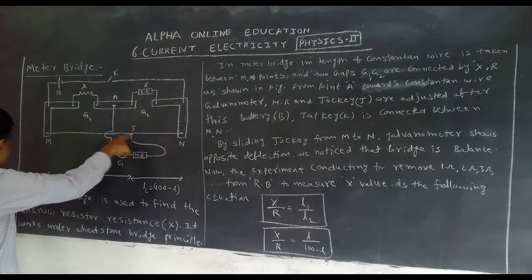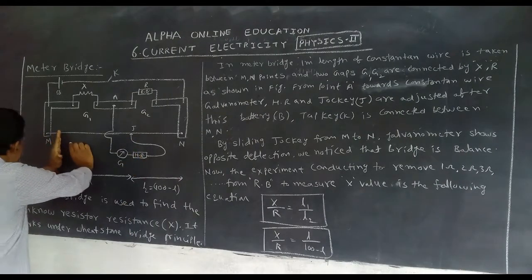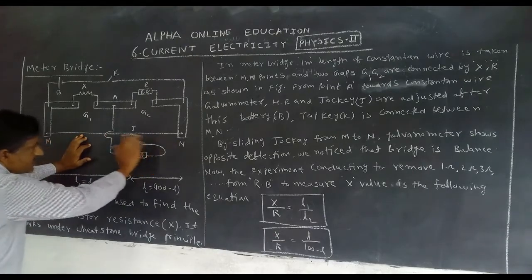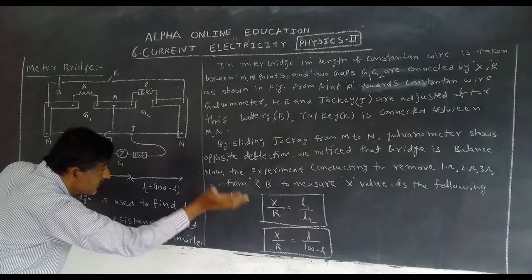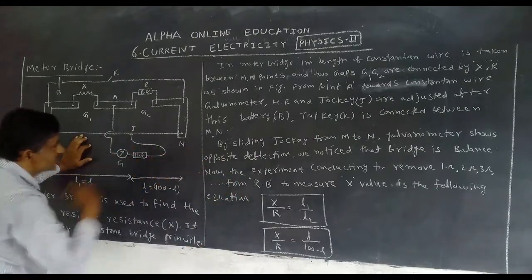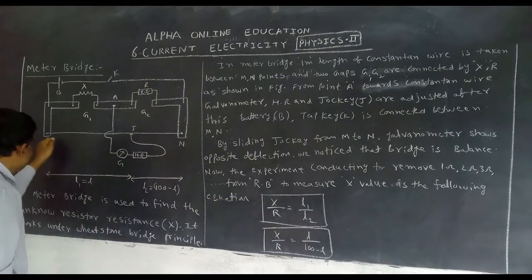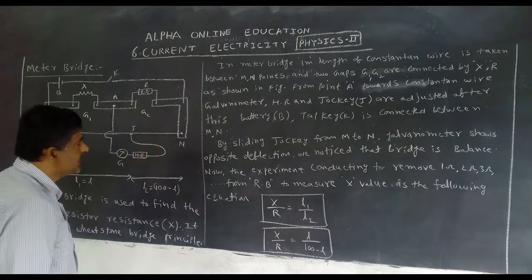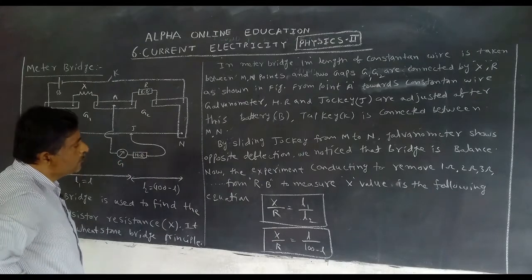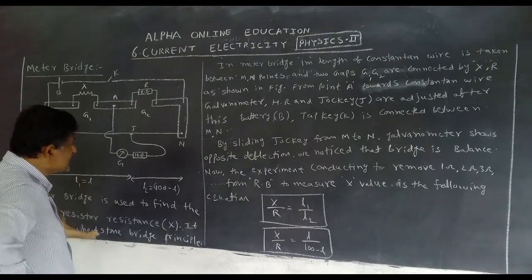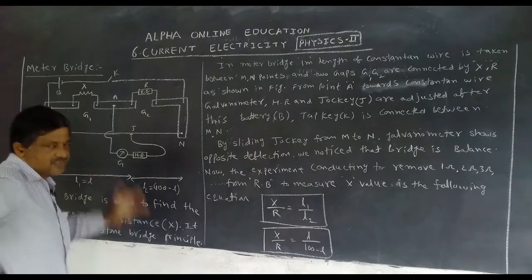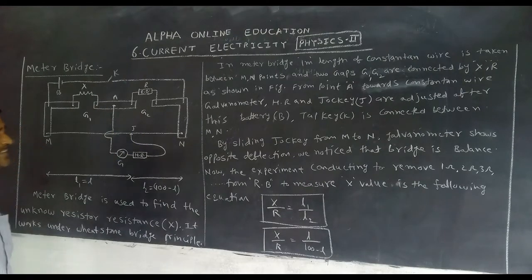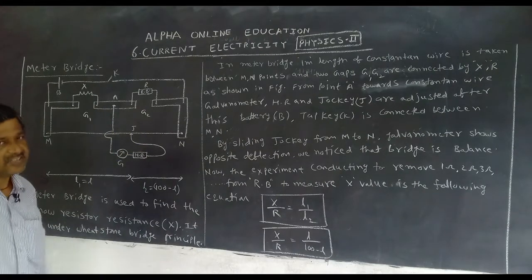When the jockey is taken here, it shows deflection on this side, means opposite deflection. By sliding the jockey from M to N, the galvanometer shows opposite deflection. We notice that the bridge is in balance.